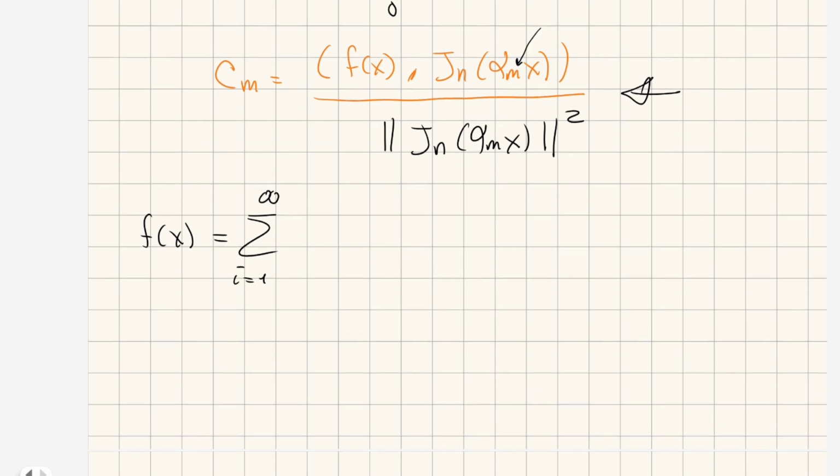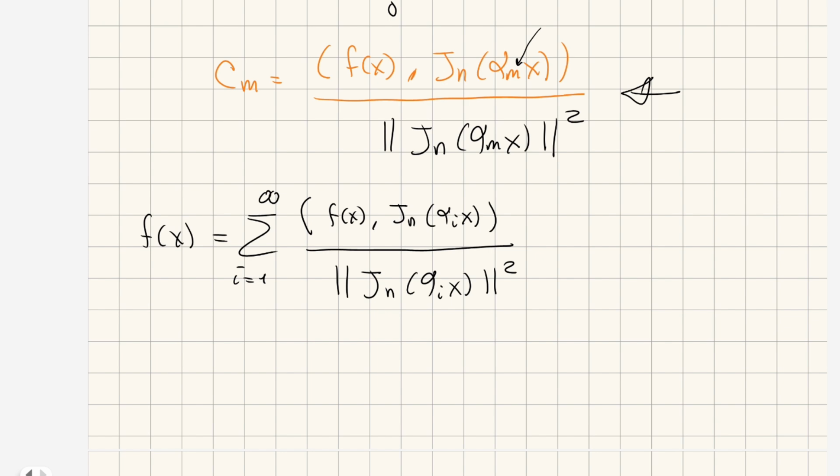So this will be the inner product between f of x and Jn alpha i x, like this, divided by the norm of Jn alpha i x squared, and then this all multiplies Jn alpha i x, right? Recall that these are the Bessel functions of order n.